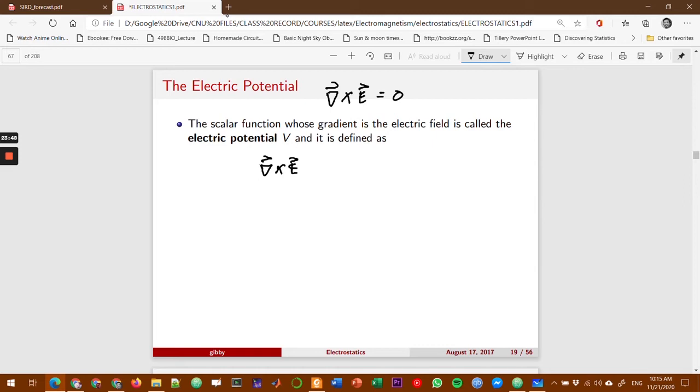So del cross E is 0, then it must be equal to 0. So if that is 0, then it must be equal to the gradient of something scalar.